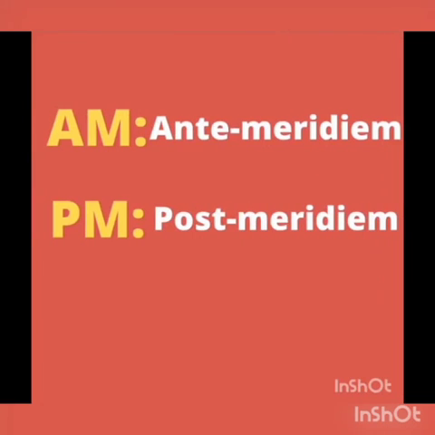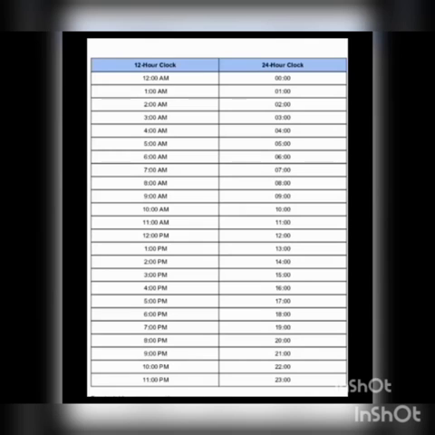Kindly note the full form of AM and PM. The full form of AM is ante-meridiem and the full form of PM is post-meridiem. And here is the table which shows the conversion of 12-hour clock into 24-hour clock.